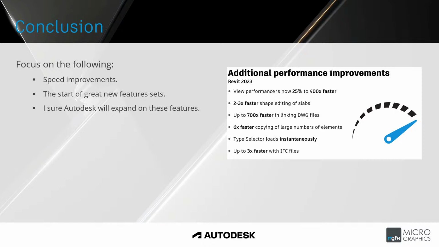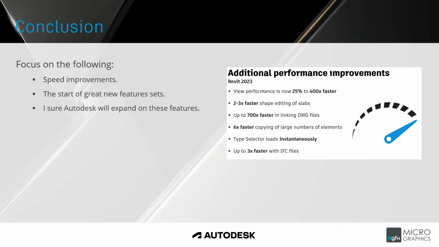Shape editing of slabs has been increased. Linking of DWG files is faster. Copying large numbers, so memory usage is enhanced. Copying a lot of elements. And also IFC improvements to import them and work with them.